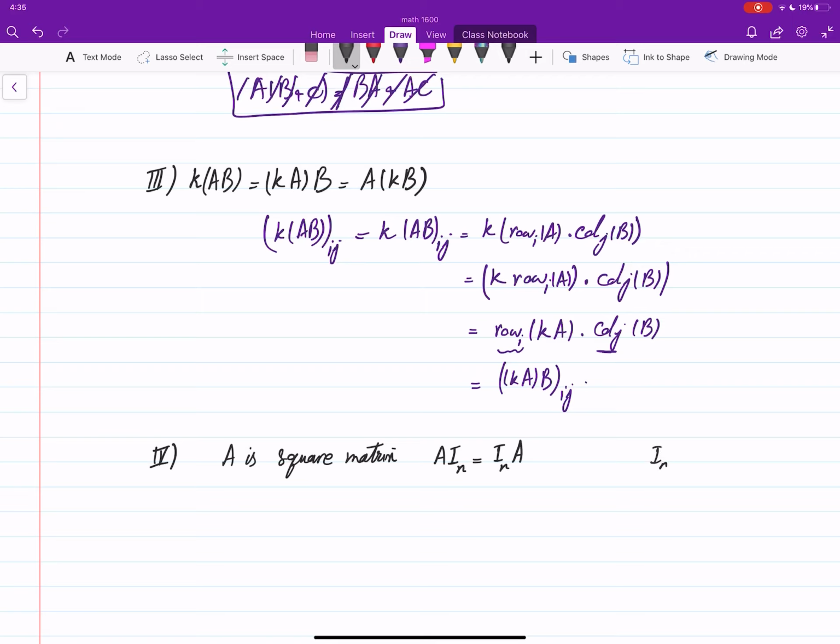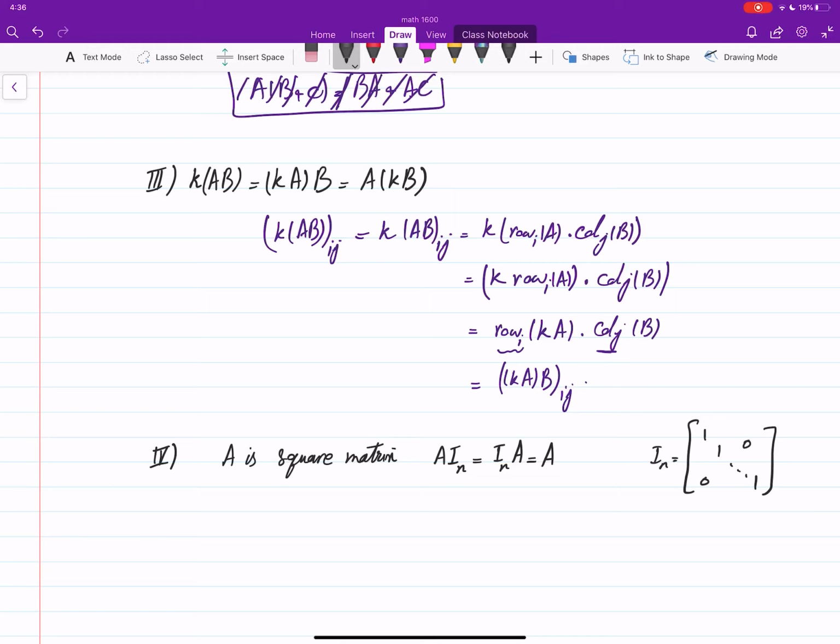Remember, in I_n the main diagonal is 1. Everything else is 0. So these guys are good. If you multiply from left or from right, you get the same result.